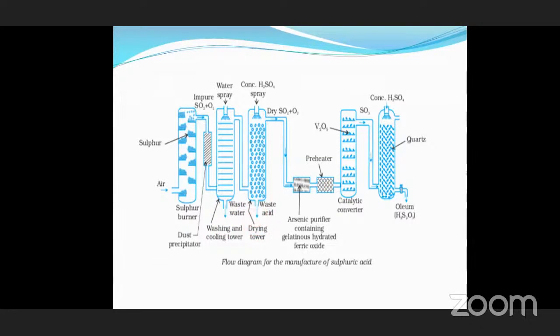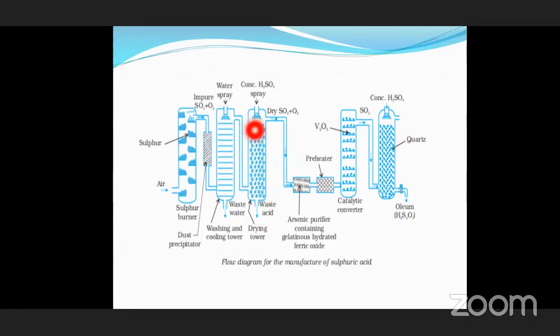In this case, when the sulfur is there, the sulfur is reacted with oxygen present in the air, then the sulfur reacts with the oxygen molecule to form sulfur dioxide. Again, the sulfur dioxide is reacted with the oxygen molecule, which is passed through this tower, and through here.